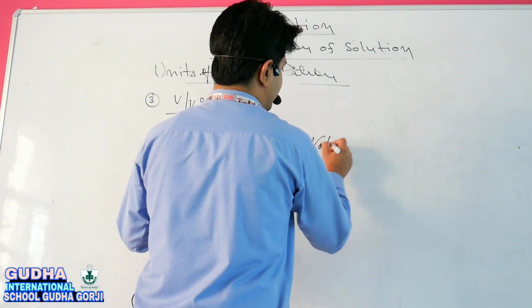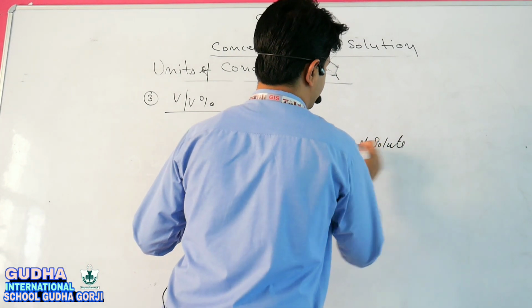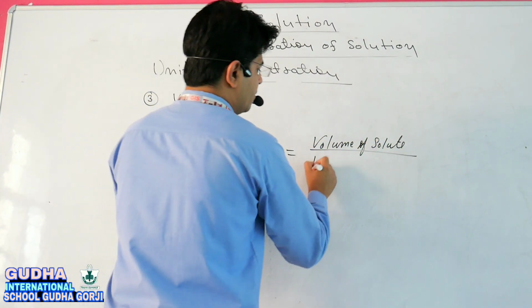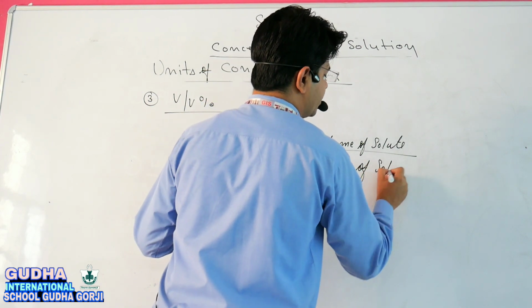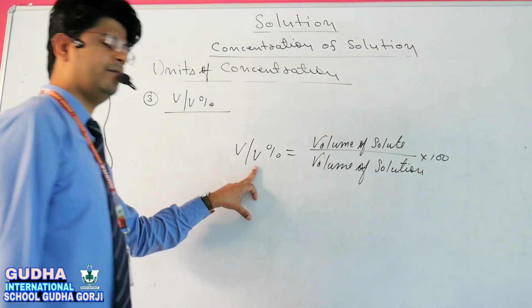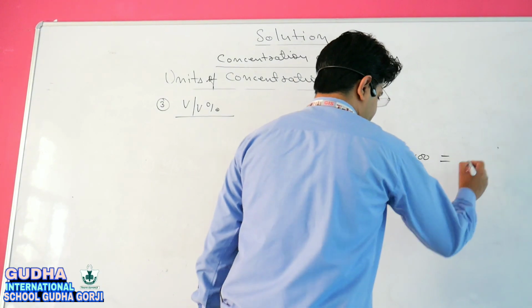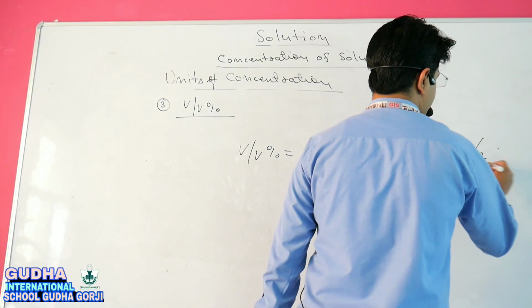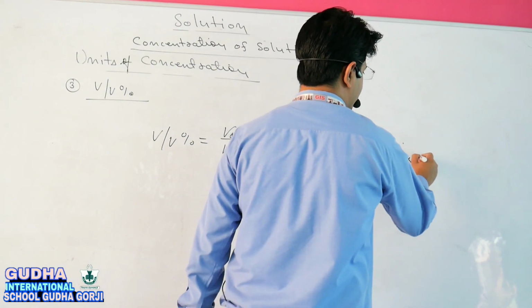So I can write volume of solute upon volume of solution multiplied by 100. Symbolically we can write volume of solute upon volume of solution multiplied by 100.